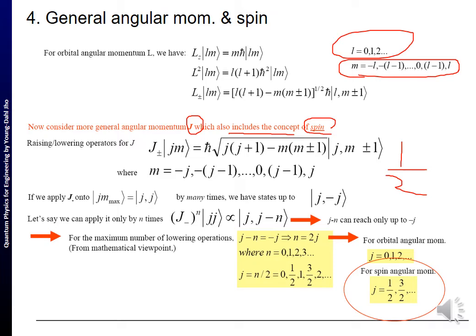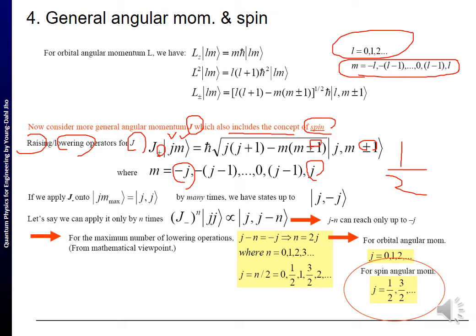Because if you consider some generalized raising and lowering operator for J, then J plus minus. You just consider L plus minus for now, but let's say it is somehow generalized. Then let's say the angular momentum quantum number and its z-directional component. You apply the raising operator, then you will change it into m plus 1. Okay, and this m goes from minus j to plus j.